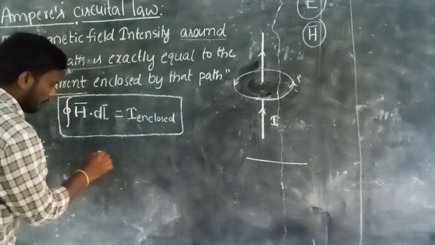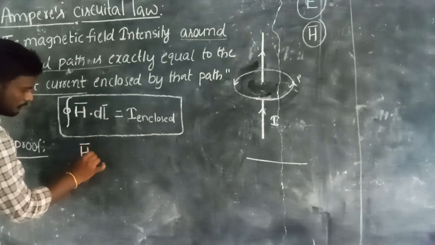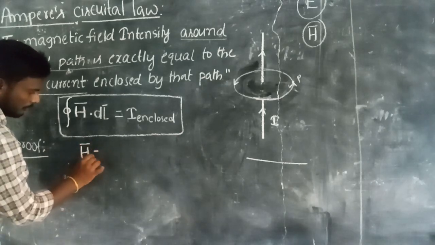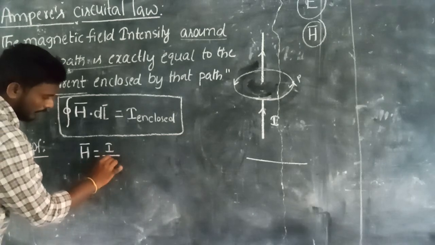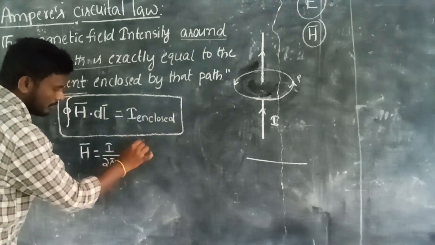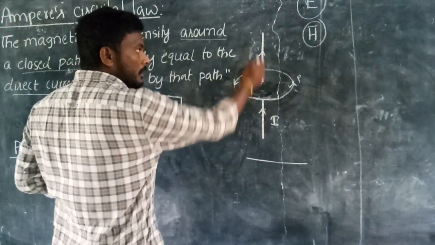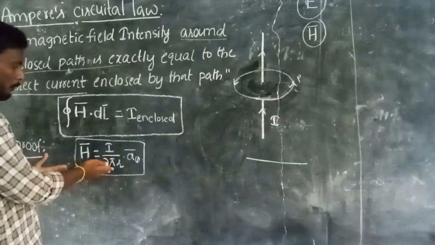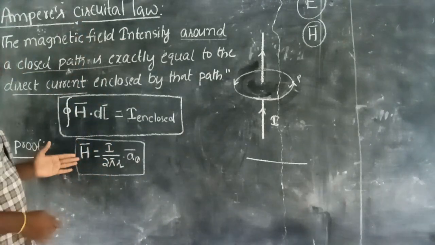H bar is equal to I by 2 pi r into A phi bar. This is the magnetic field intensity due to a long straight conductor. Now we have to prove this formula by using Ampere circuit law.